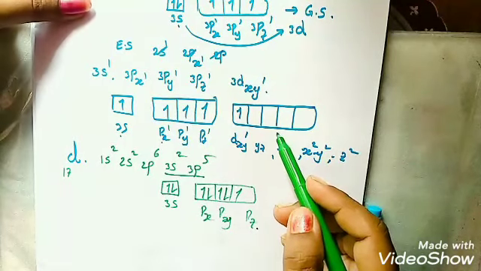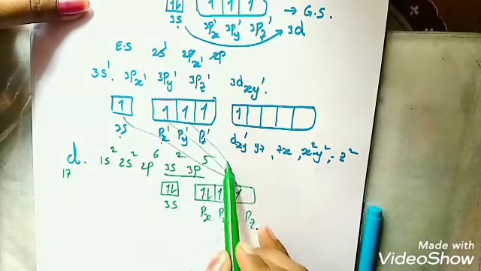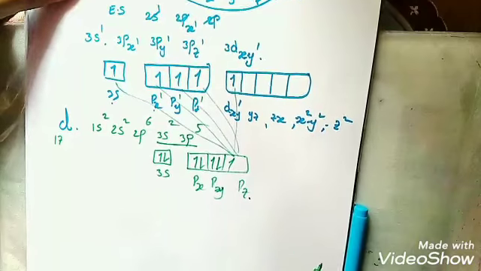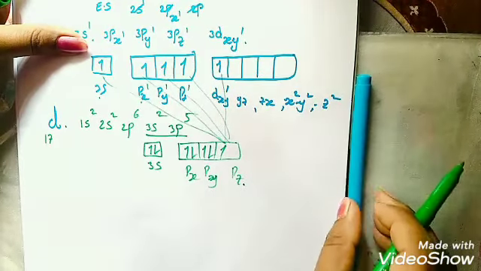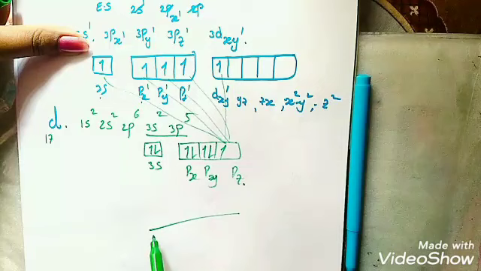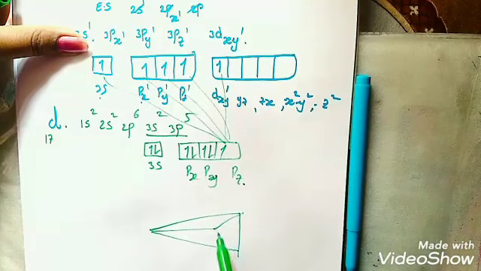Okay students, I'll show you this one. These single electrons can be pairing up here like this. Students, if you see the structure of PCl5, that is trigonal bipyramidal, so it must be like this, students.